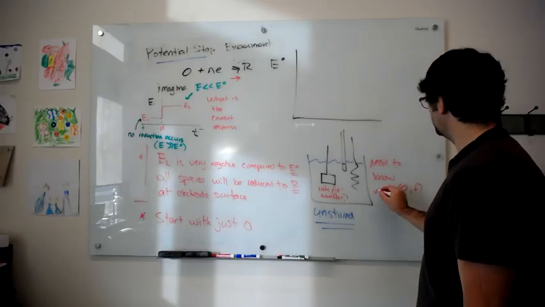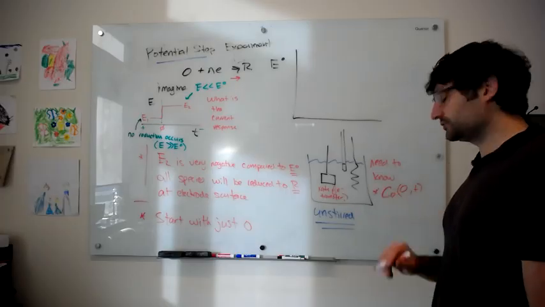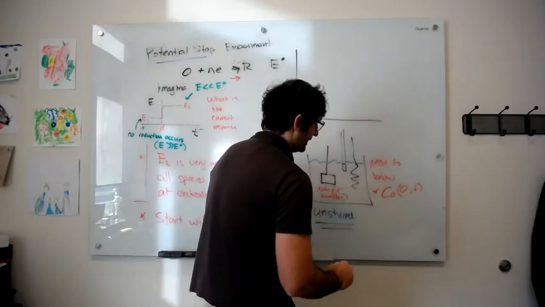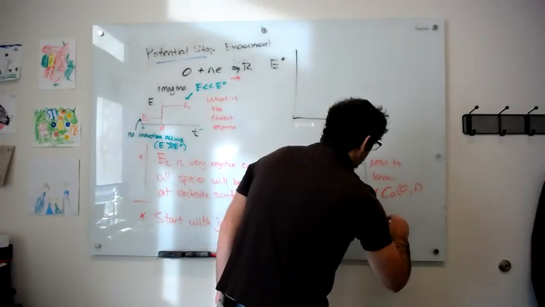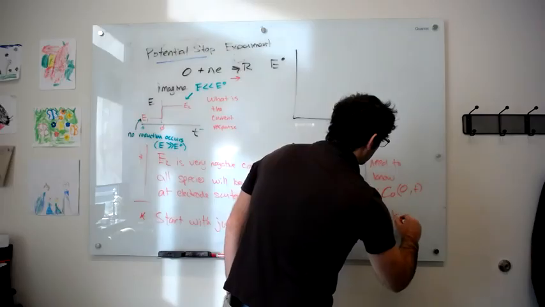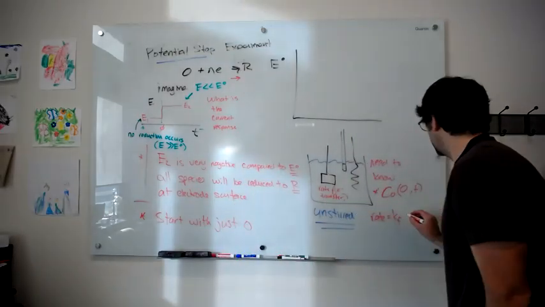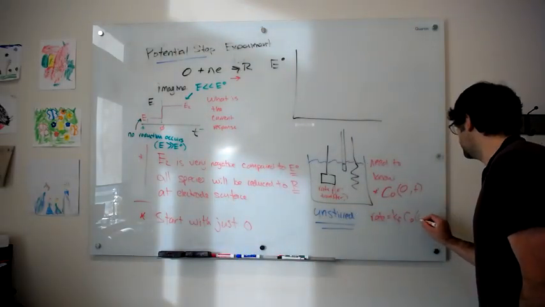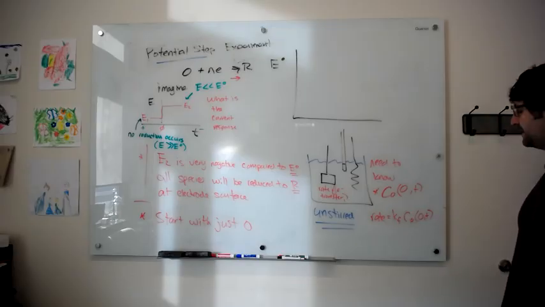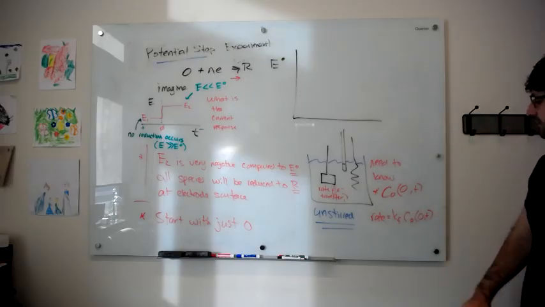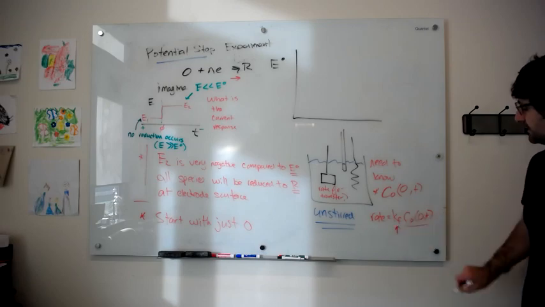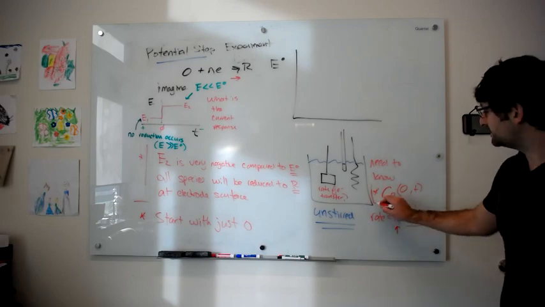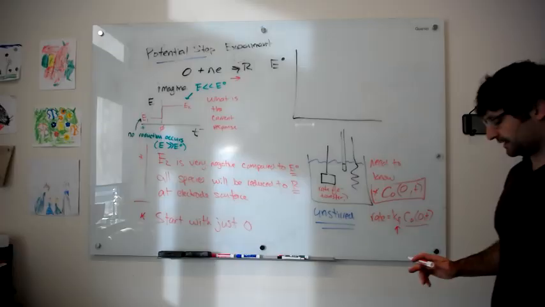This is what I want, because then I can write a first order rate equation that relates the current, or the flux, in this case the rate of the reaction, to some forward rate constant times CO(0,t). In this experiment, the forward rate is going to be assumed to be diffusion controlled because this rate constant is going to be very large. So I need to know this concentration at the electrode surface.